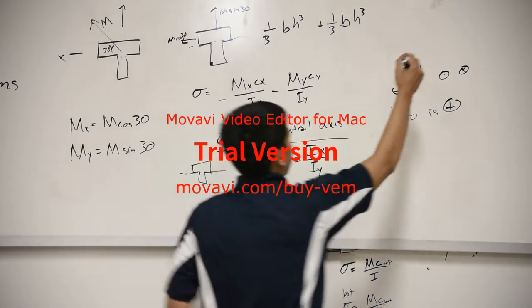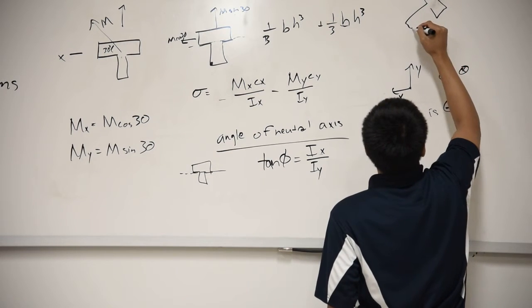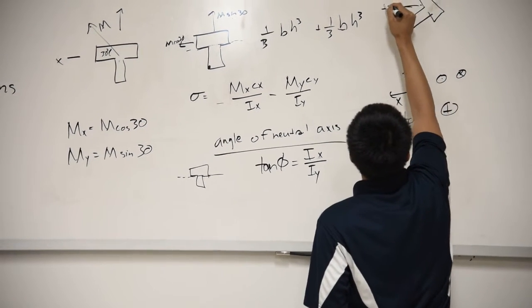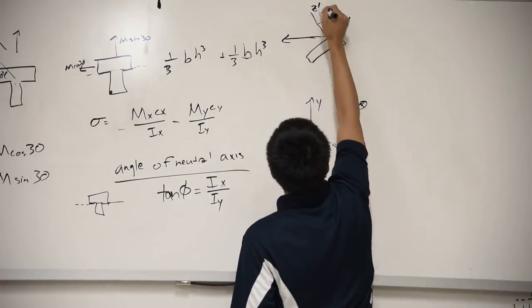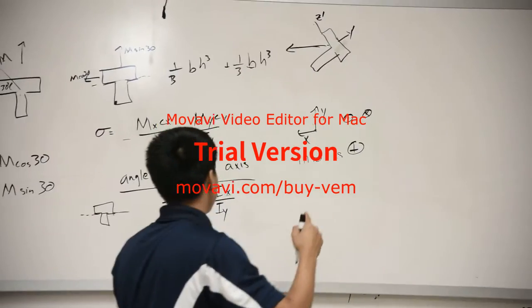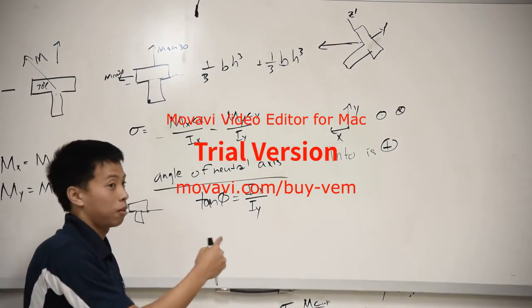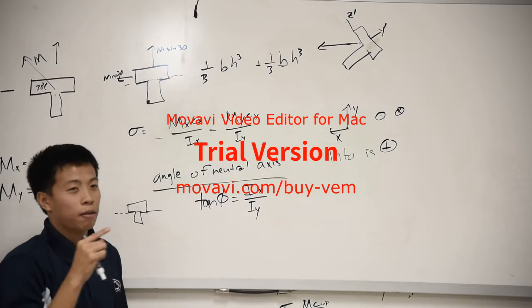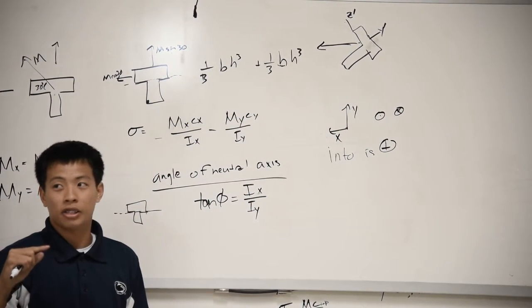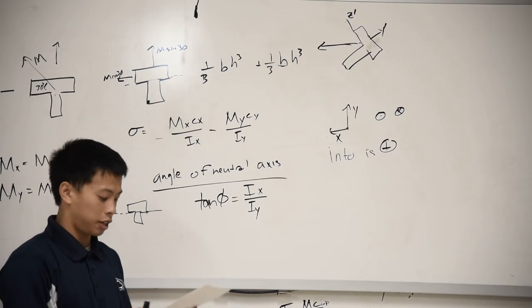It was something like angled like this, right? You guys remember this one? And then the moment came out this way. This was y bar and this was z bar. And then in that equation they used z prime over y prime. So just following that, I'm going to put x over y. I would go back and make sure you know which one is going to be on top and which one's going to be on the bottom. Because it does matter. We'll change your numbers.